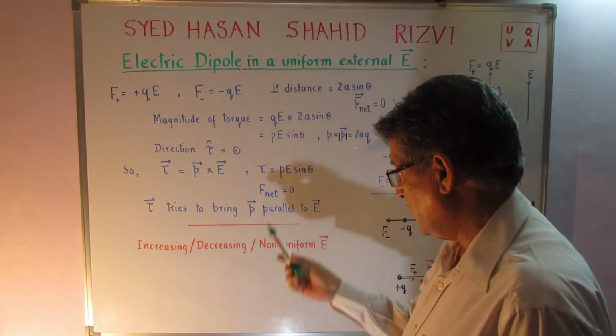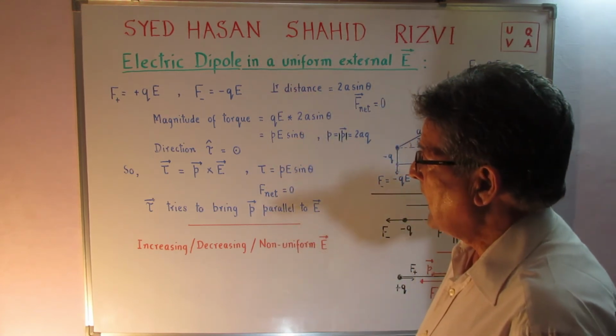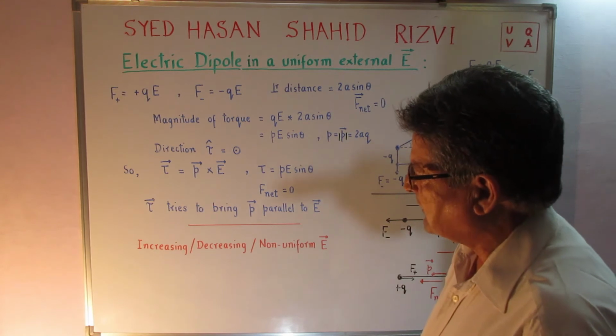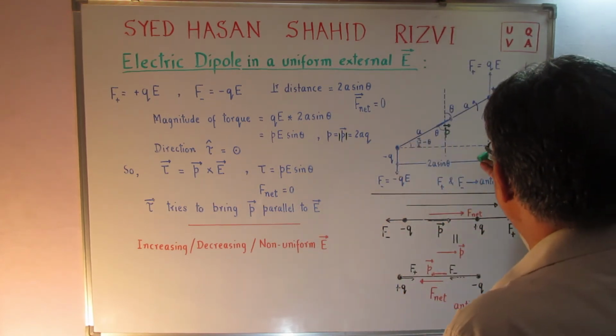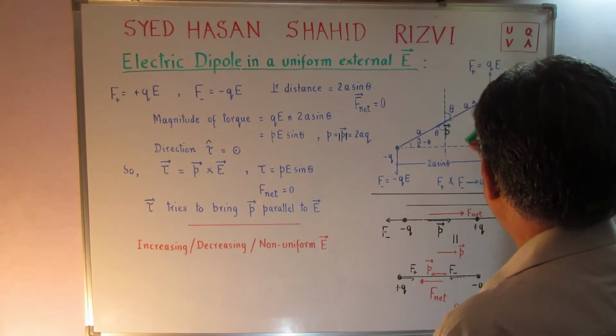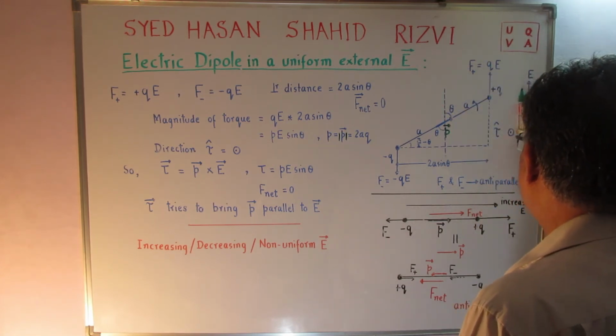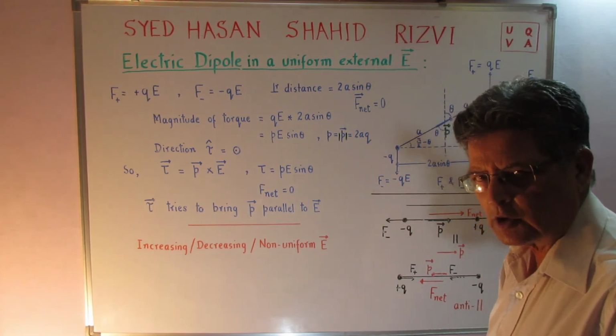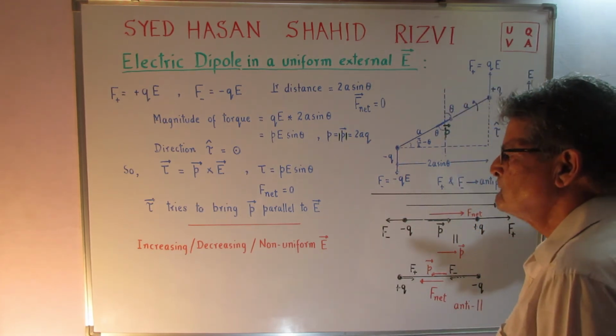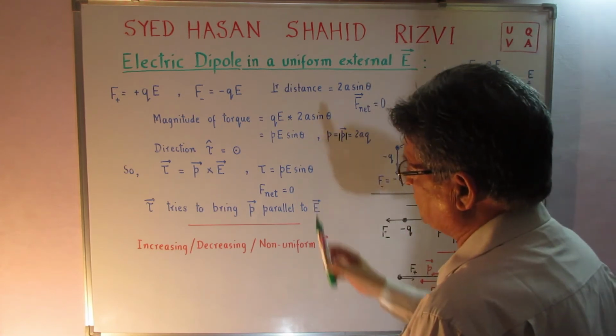Of course, F net is equal to 0. And what does the torque try to do? The torque tries to bring the dipole parallel to the direction of the electric field. So this is the purpose of the torque here. The net force is equal to 0.